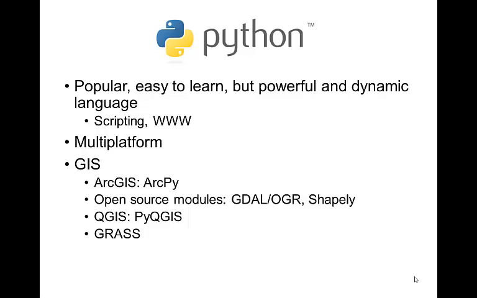One of its things is it's multi-platform. So you write Python code on Windows, you can move it to Linux, you can move it to any other platform, Apple, without any problems. From a GIS perspective, it is probably the number one scripting language for GIS now. Scripting just means short programs for doing little jobs.